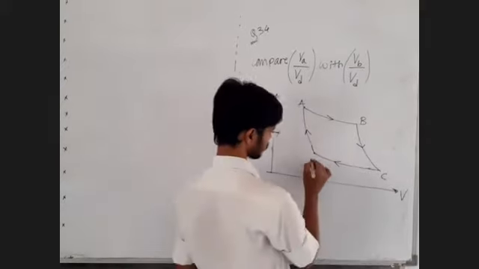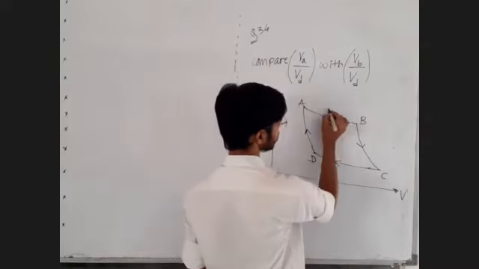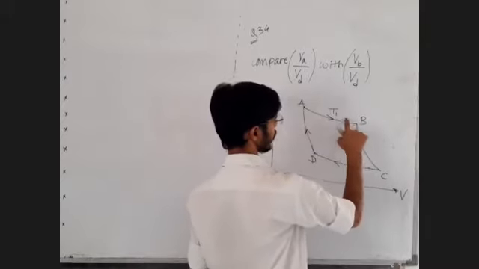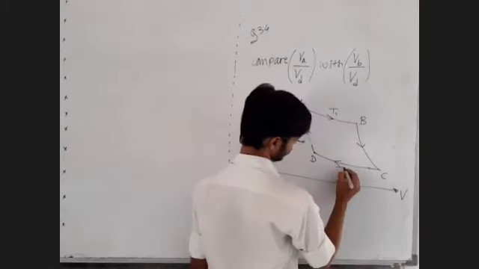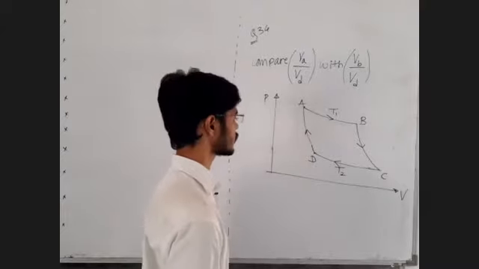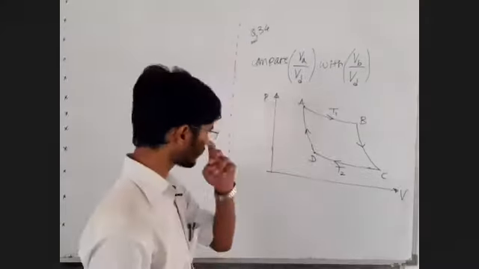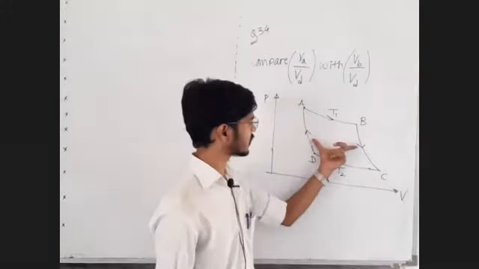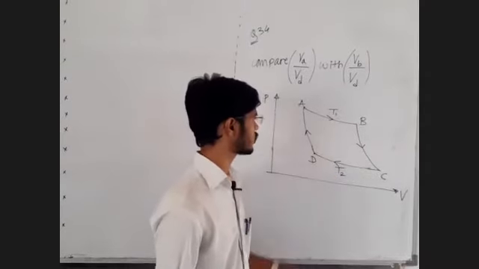C to D, process is isothermal. Near the graph they have written T1. It means this graph has been drawn at temperature T1. So it is an isothermal process. Near this graph they have written T2. It means that this process is isothermal, and it is given in the question that the two adiabatic curves for the same gas are intersecting the isothermal curves as shown in the figure below.